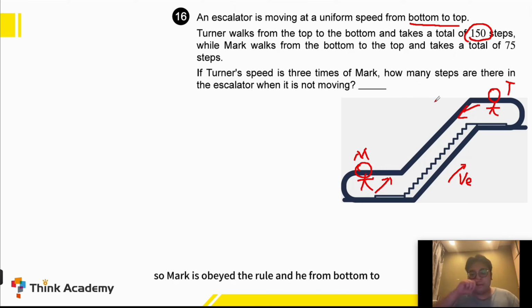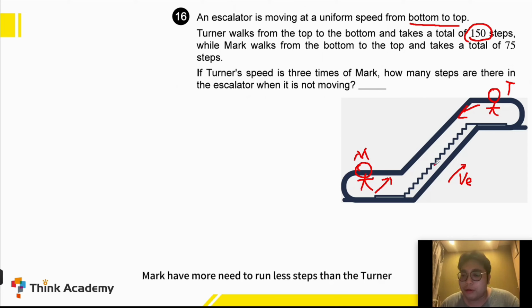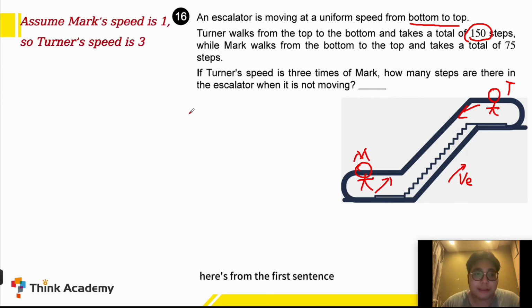Mark obeys the rule and goes from bottom to top, following the escalator's direction, which means Mark needs to run fewer steps than Turner, and Turner should run faster than Mark, or Turner cannot arrive at the bottom. From the first sentence we can assume Mark's speed is 1 and Turner's speed is 3, because Turner's speed is 3 times Mark's.